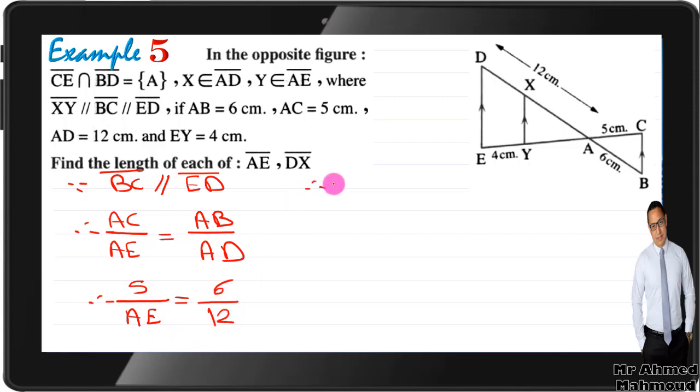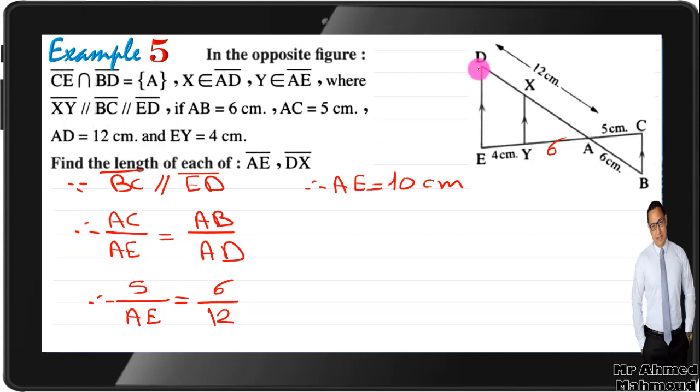Therefore AE equals 5 times 12 over 6 equals 10 centimeters. Now this is 10 centimeters, and 10 minus 4 equals 6. Okay, now I can find DX.